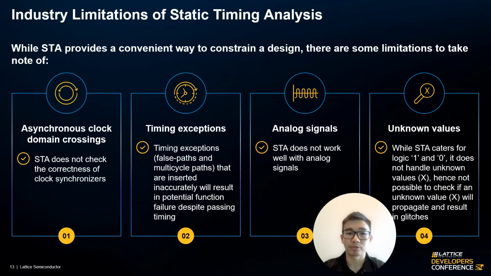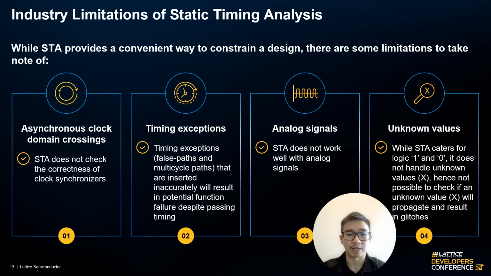We all know digital signals have discrete time events and logic levels, which makes STA possible because it focuses on the relationship between clock edges and signal transitions. Analog signals, on the other hand, change continuously over time and can take on an infinite number of values, which means STA cannot be applied to them.